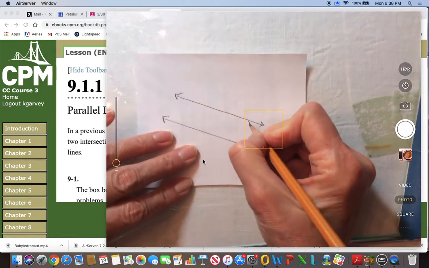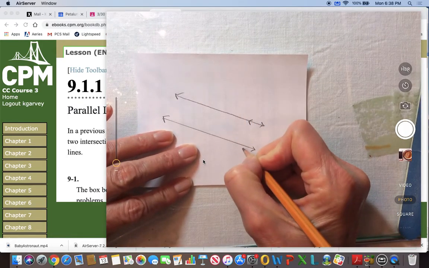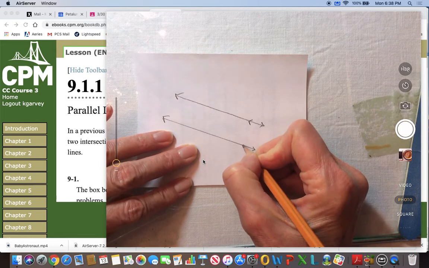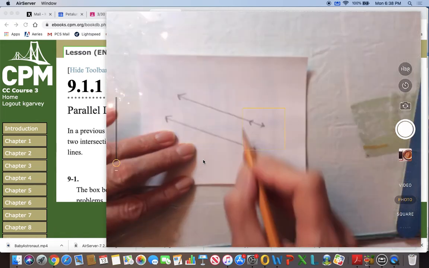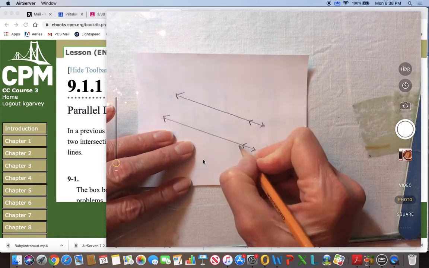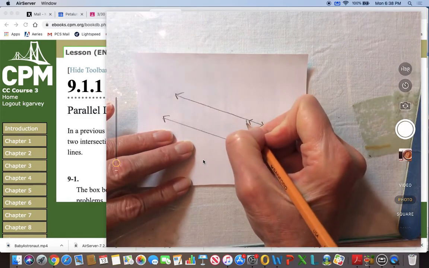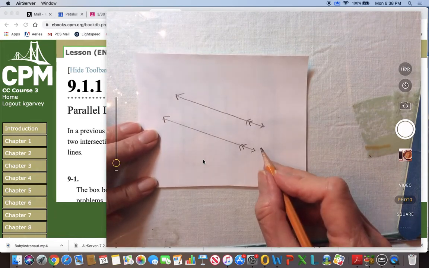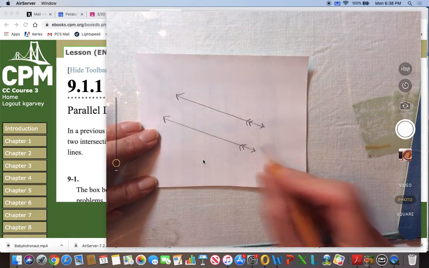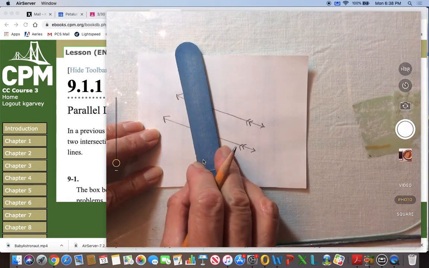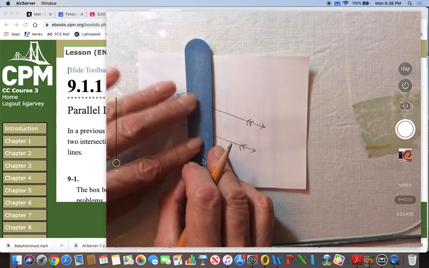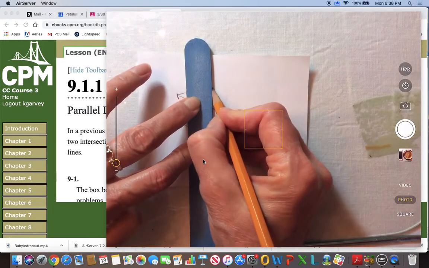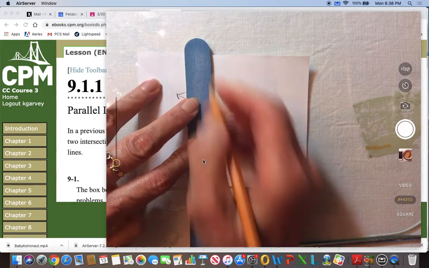I'm going to put this little symbol on them because this shows that they are parallel lines. So I think I'm going to put two of these on here. One or two, either one works, but this shows that these are parallel lines. Once we've got our parallel lines, I'm going to put the transversal, which cuts across the two parallel lines.